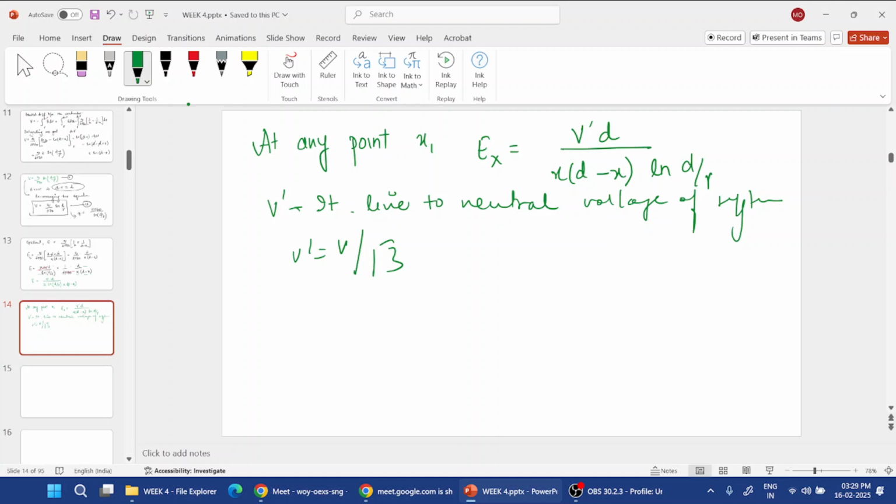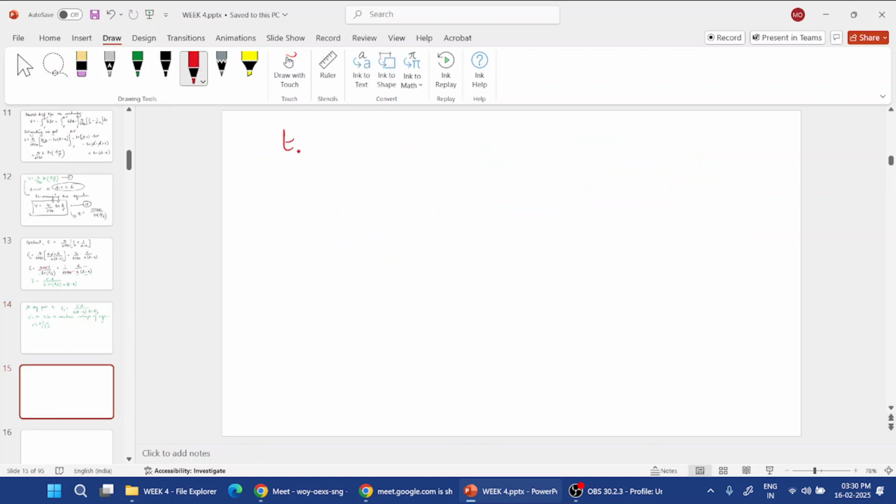Now it is quite clear E is inversely proportional to x, meaning that when x is maximum, E will be minimum, or when x is minimum, E will be maximum.